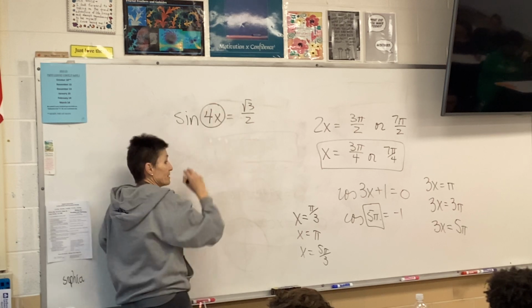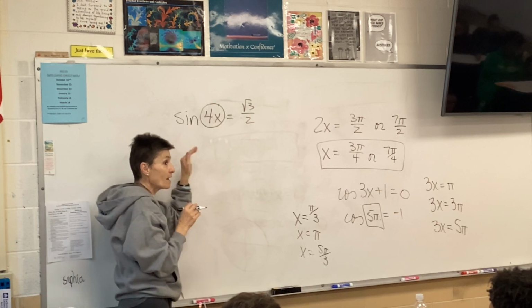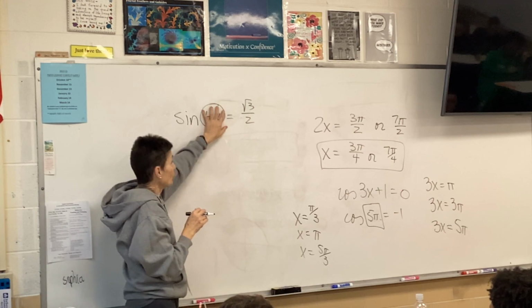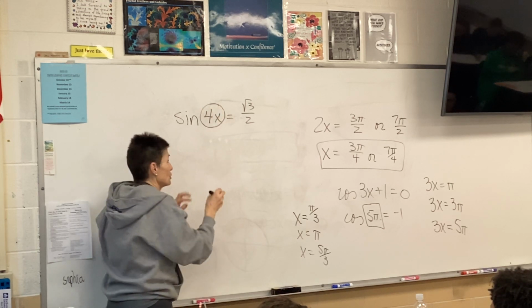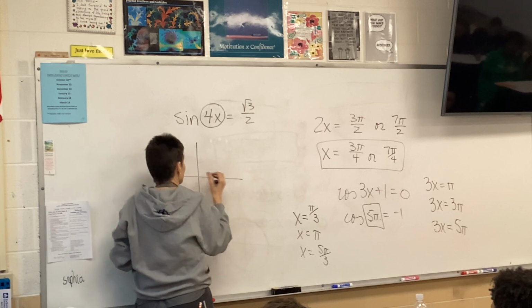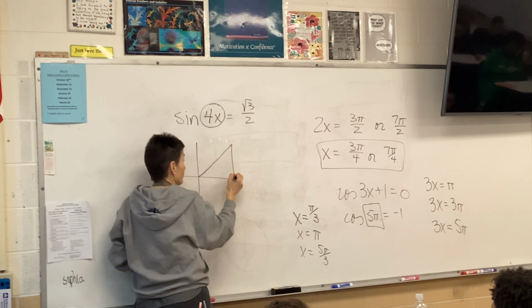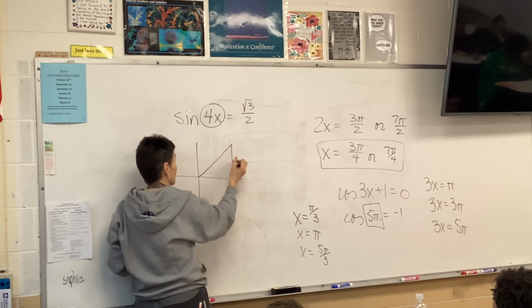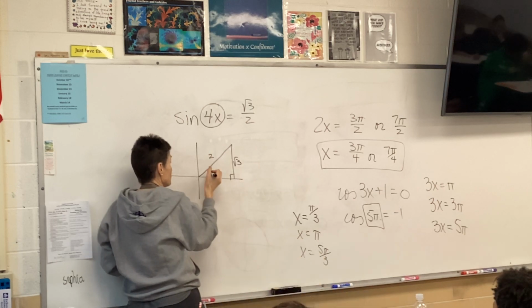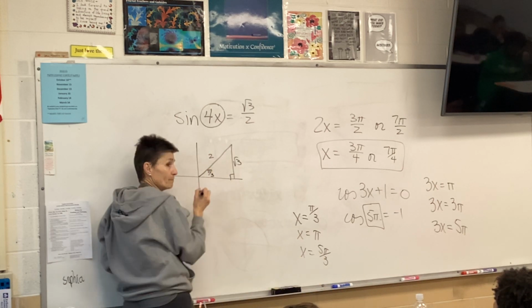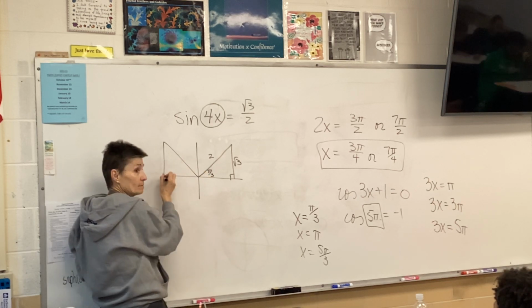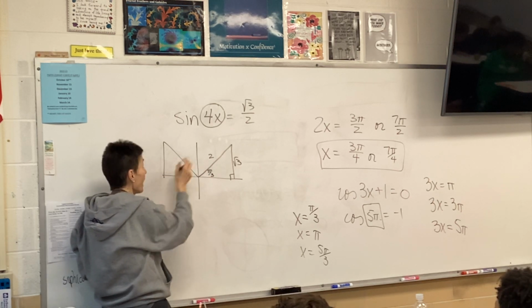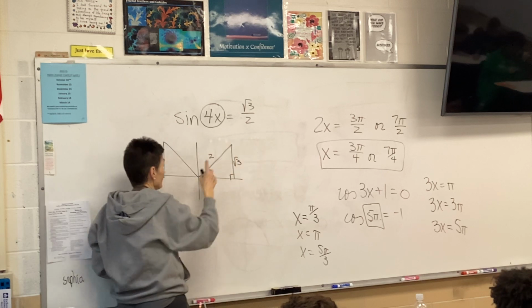Where is it that the sine will be root 3 over 2? Well, it would be quadrant one. Did you say 60 or pi over 3? But it could also be quadrant 2, where sine is positive.